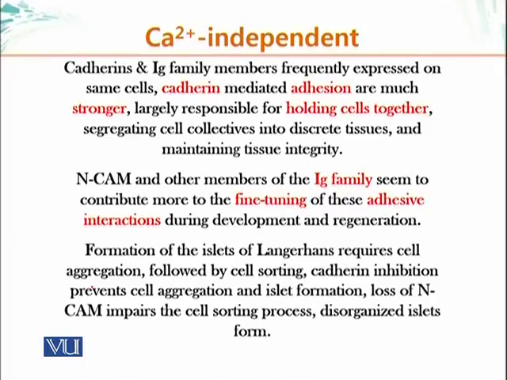NCAM plays an important role in segregating cell collectives into discrete tissue and maintaining tissue integrity. NCAM and other members of the Ig family seem to contribute more to the fine-tuning of adhesive interactions during development and regeneration. So again, these are more sort of transient interactions.